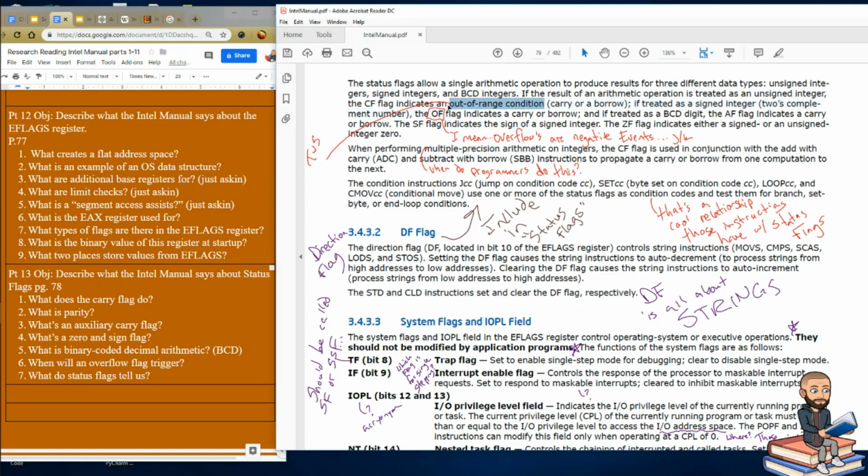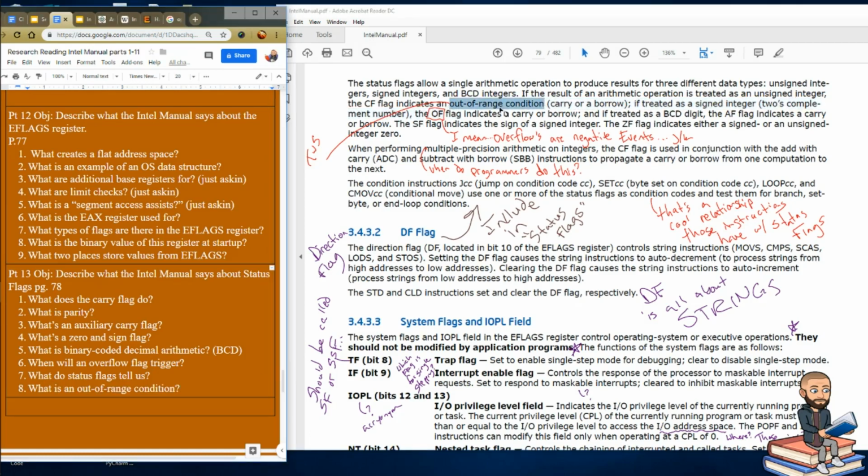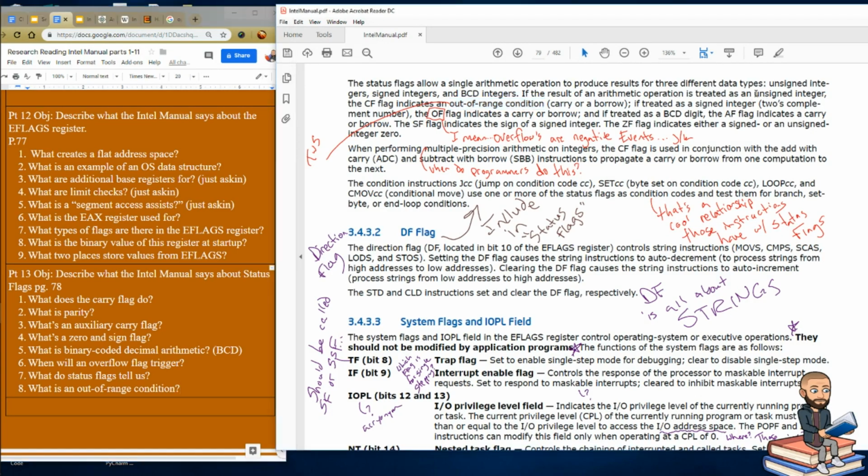Alright, so what is an out-of-range condition? So an out-of-range condition is the result of an arithmetic operation that's working with an unsigned integer. So an out-of-range condition is when there's a positive integer that's the result of an arithmetic operation. So that's really confusing. Why is it out of range?